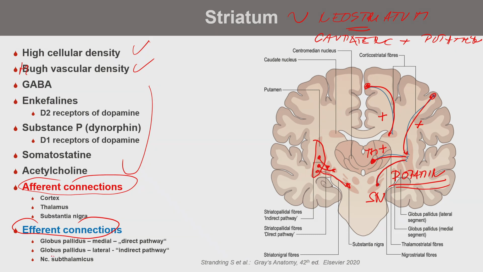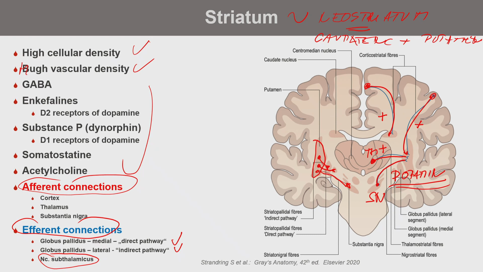And here is important the subthalamic nucleus. Subthalamic nucleus is not directly hit by these connections, but we have direct and indirect pathway.